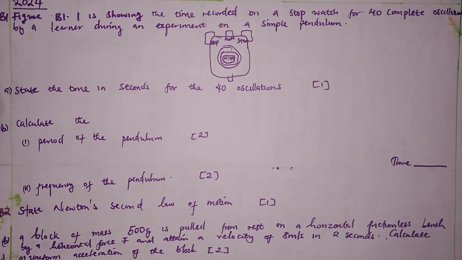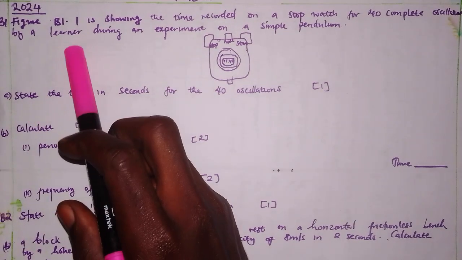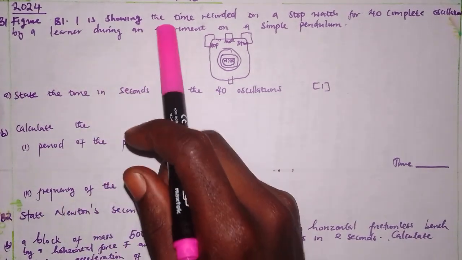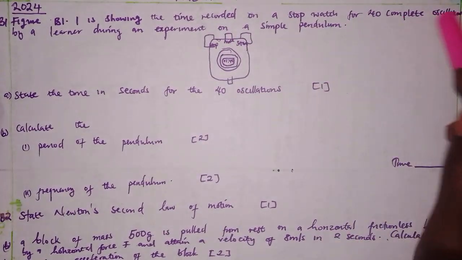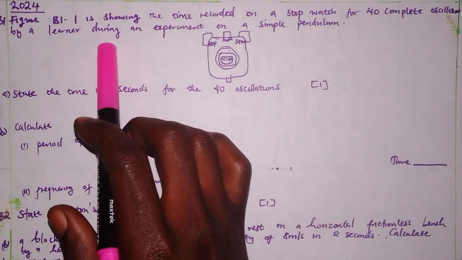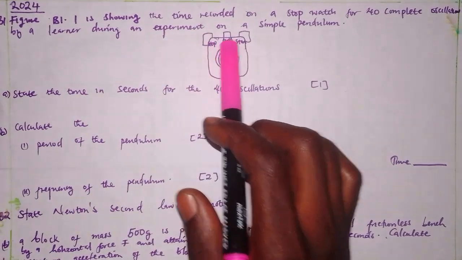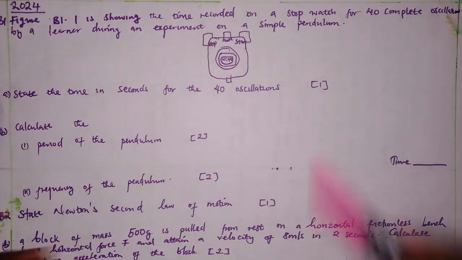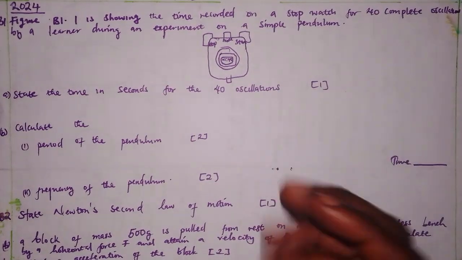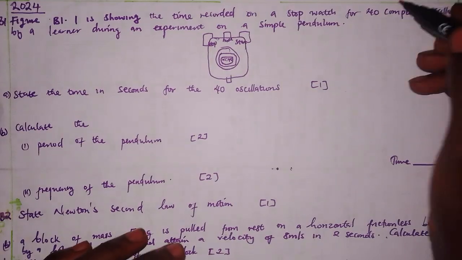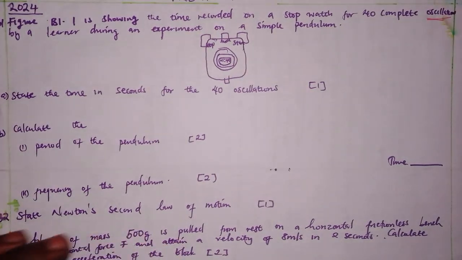So the question is saying figure B1.1 is showing the time recorded on a stopwatch for 40 complete oscillations by a learner during an experiment on a simple pendulum. So this clock we are seeing here was used while the student was measuring oscillations of the simple pendulum.